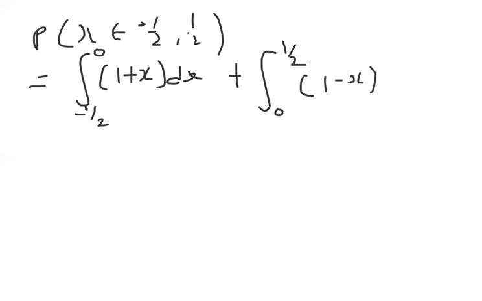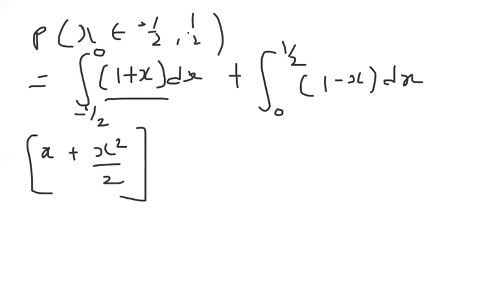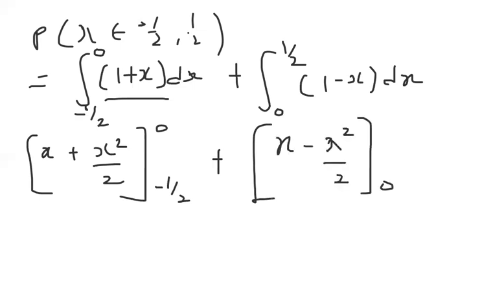When I integrate the first expression, I'm going to have x plus x squared all over 2 in brackets, and then I integrate the second to get x minus x squared all over 2, starting from 0 up to half.